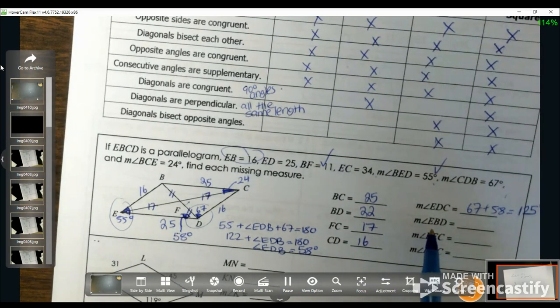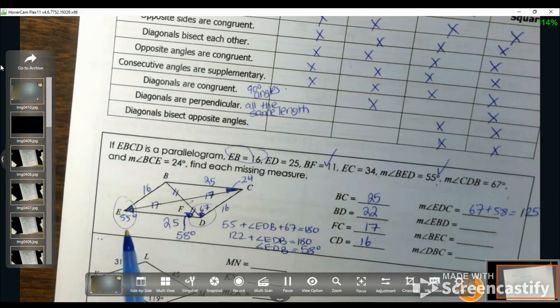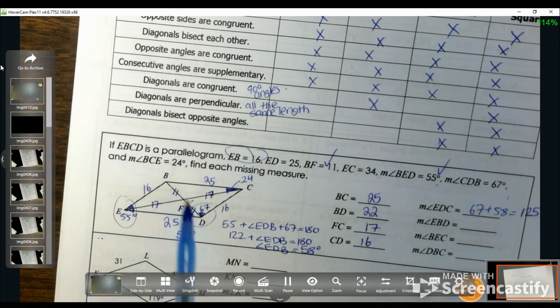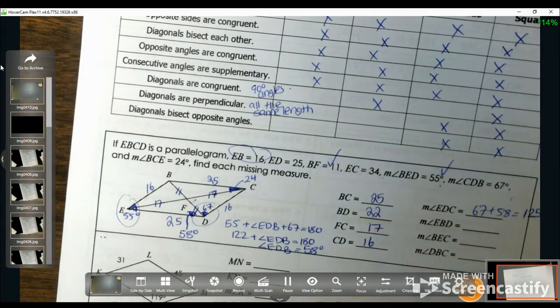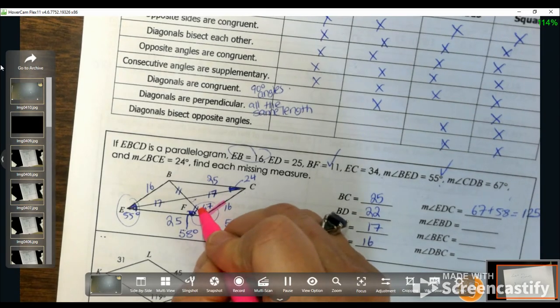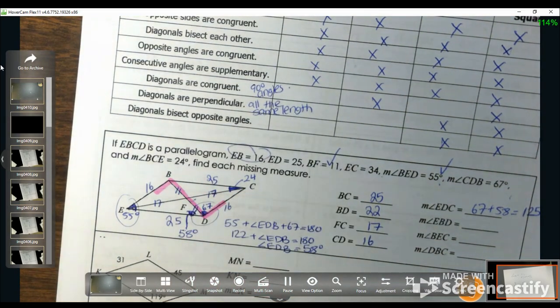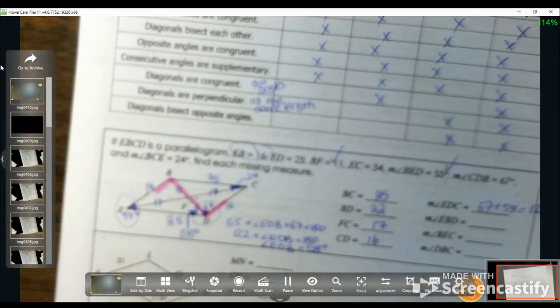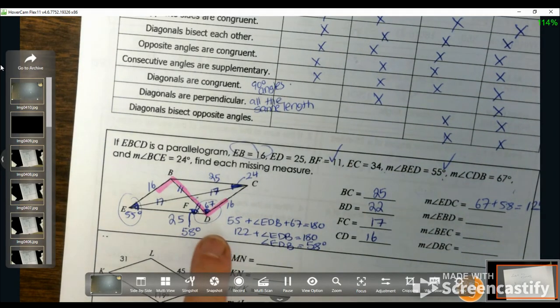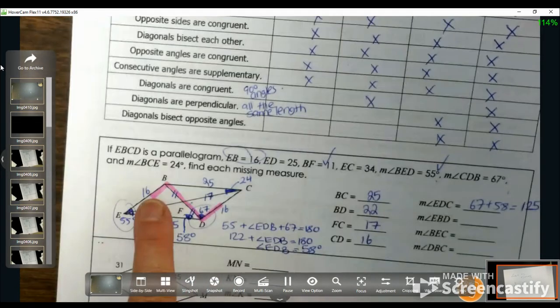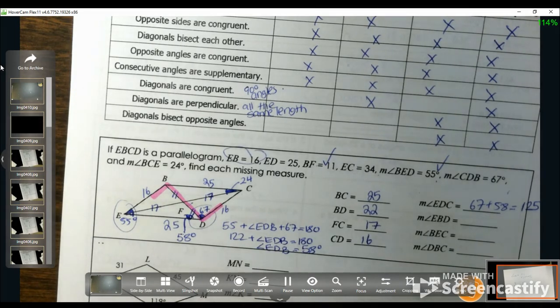Now we want angle EBD, and all we have to do is alternate interior. Here we go, alternate interior. Okay, and we know that should be 67 degrees.